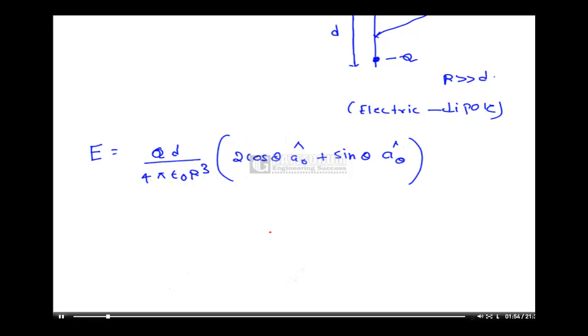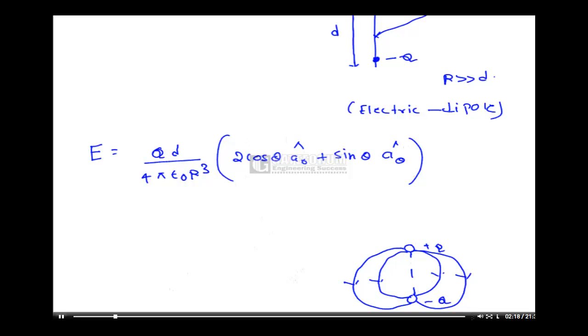So this is the electric field intensity due to a dipole. Here I am assuming a spherical distribution, because this is plus Q and this is minus Q. The field lines go from the positive charge to the negative charge, so the field distribution is like this.